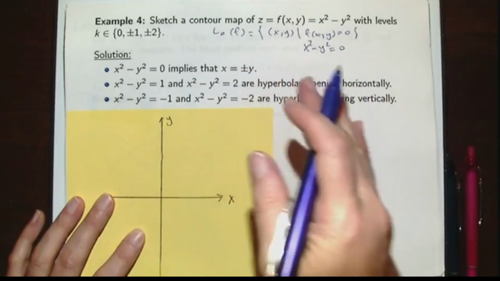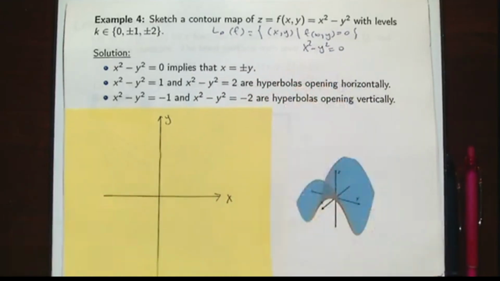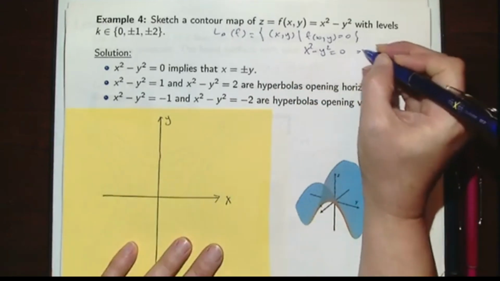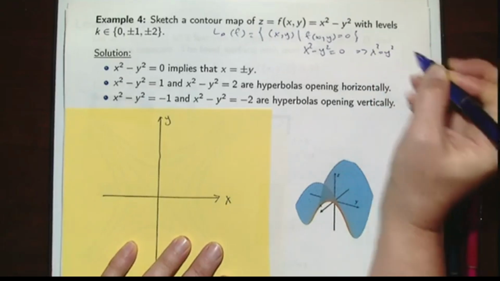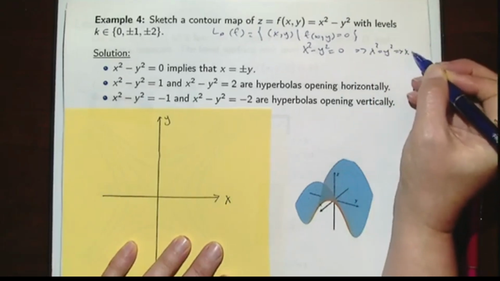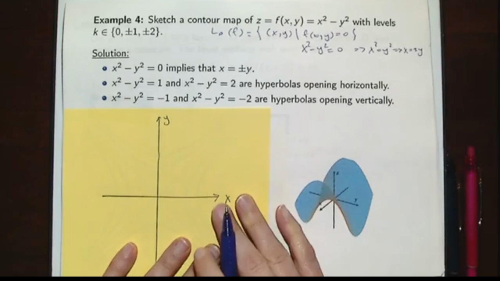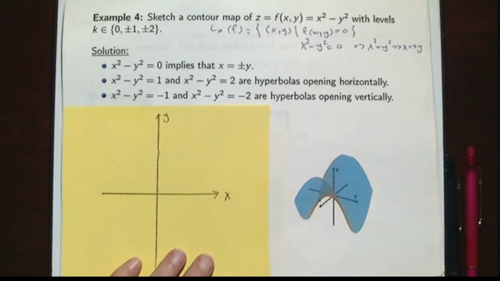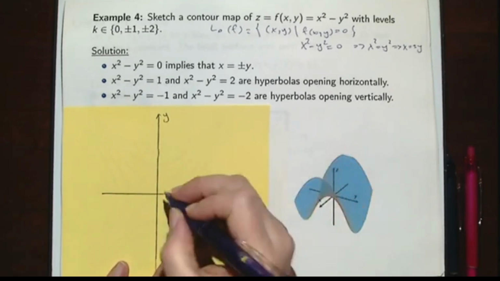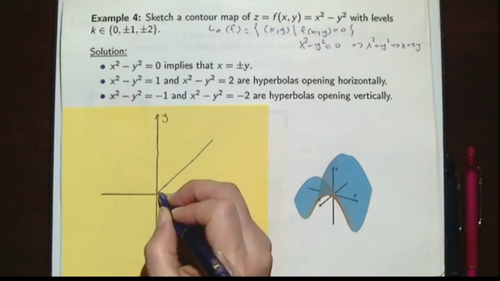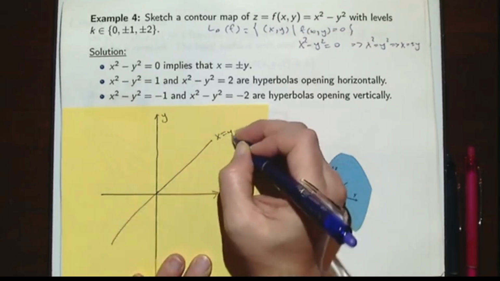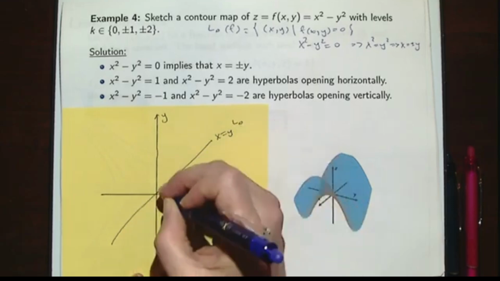Actually, that is not just one curve. What is that? X squared equal to y squared, x equal to plus minus y. There are two lines, right? So I'm going to draw that. One line, x equal to y. This is L0.